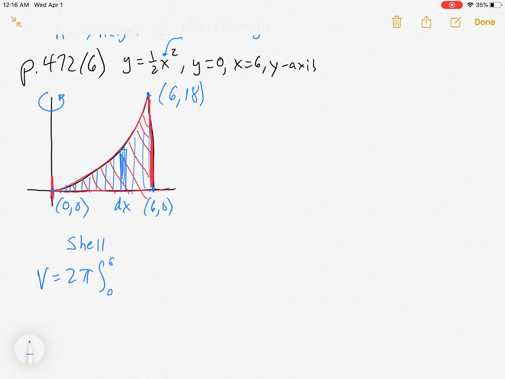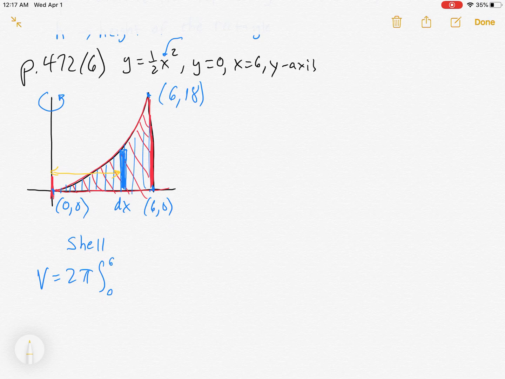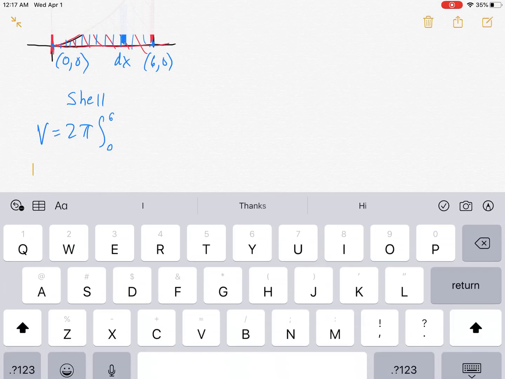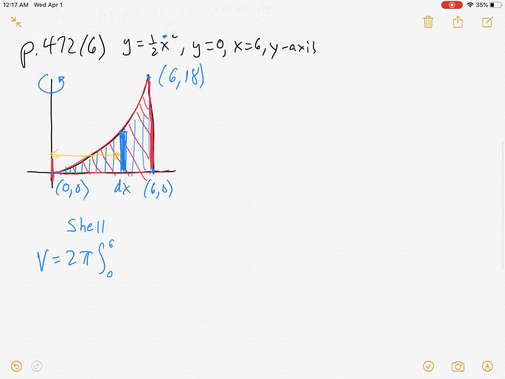And now it's different. This is weird. We're living in shell, so now we want to figure out what is our p-value. And p is how far is the rectangle from the axis of revolution. So this distance here, well, it's changing. Maybe here it looks like it's about 4, right? Looks like it's 4.